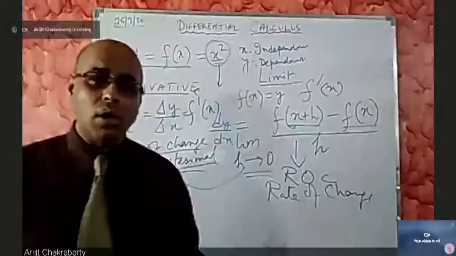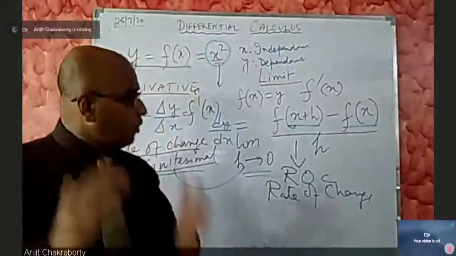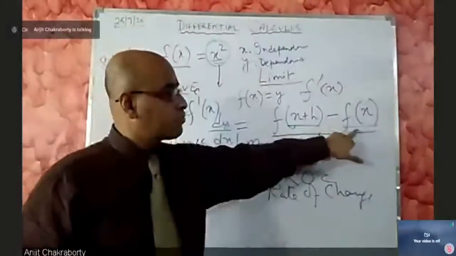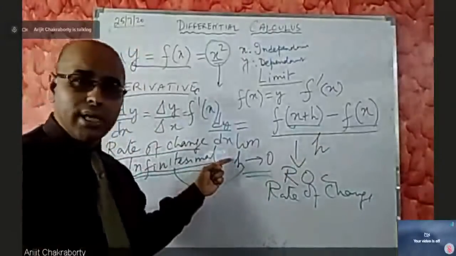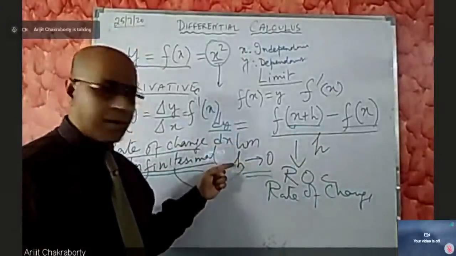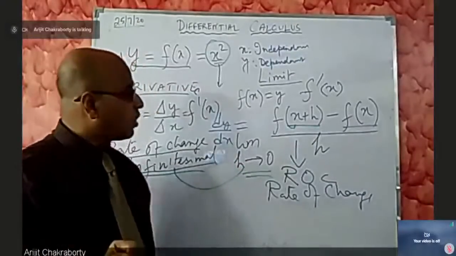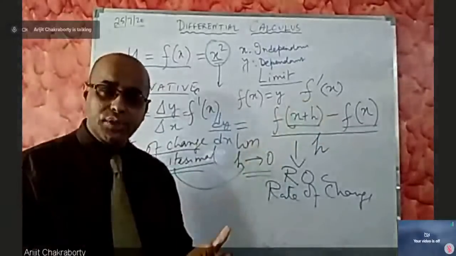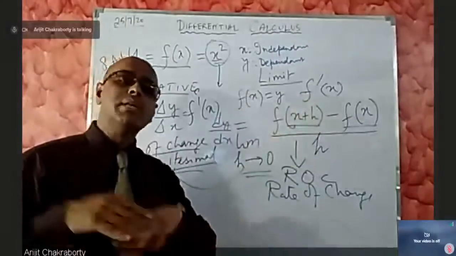It is also called the derivative, and the formula is f(x+h) minus f(x) divided by h, when h is moving towards 0. So the limit of h is 0. This is also called f dot x. So differential coefficient, derivative, f dot x, all of them mean the same.